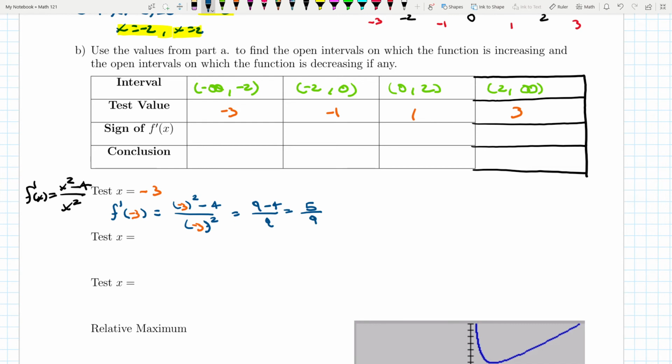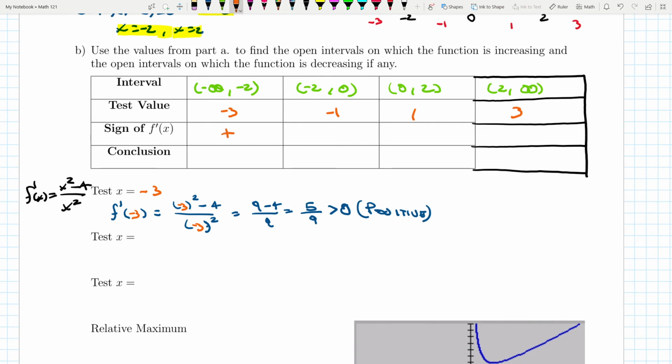But again, we really don't care about the value of the function. What we really care about over here is the sign of the derivative, which in this case is positive. We're going to mark this over here as positive.